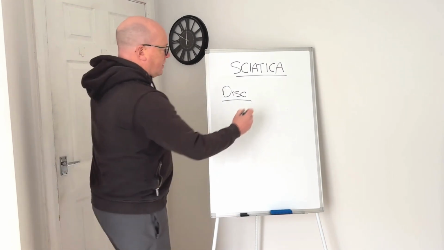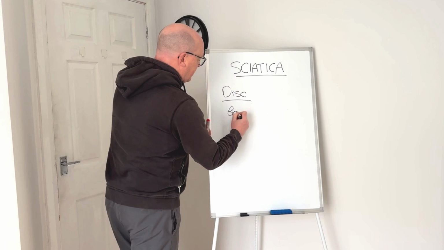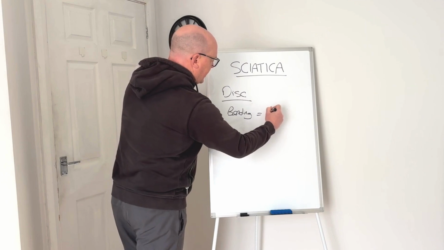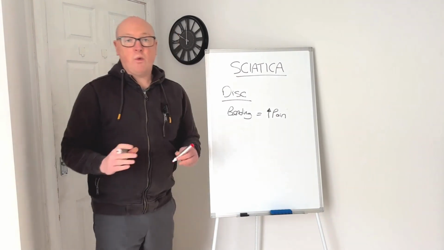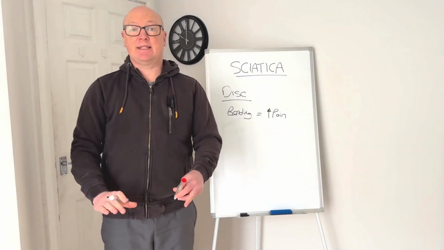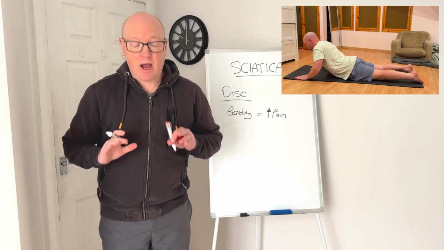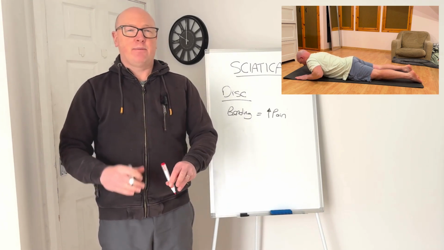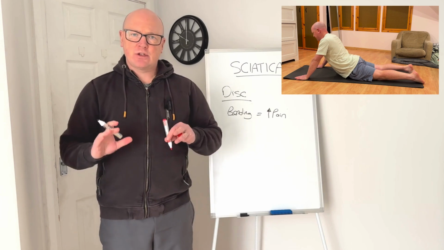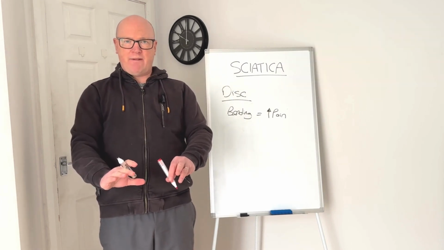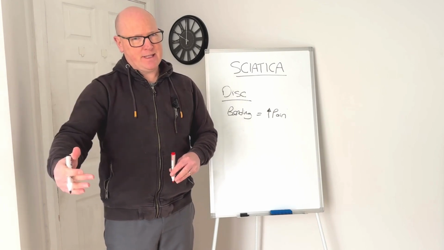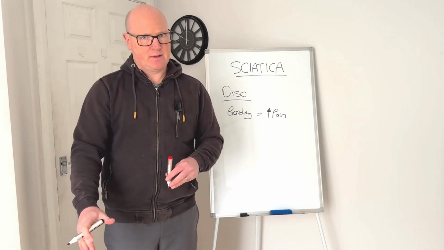So with a disc, our bending motion tends to result in increased pain. So therefore, one exercise, like a Mackenzie extension exercise, where we lie on our front and we extend our backs up repetitively, the principle being is it helps to just move our disc material away from the nerve, which means it's immediately, and certainly over a number of repetitions, relieving to leg symptoms.